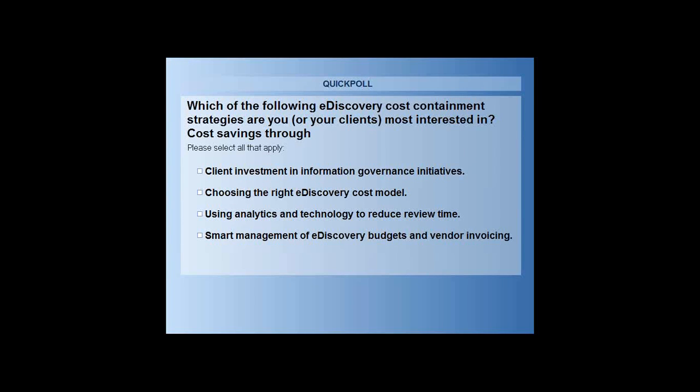So if you could choose one: cost savings through A, client investments in information governance initiatives; B, choosing the right Ediscovery cost model; C, using analytics and technology to reduce review time; or D, smart management of Ediscovery budgets and vendor invoicing.